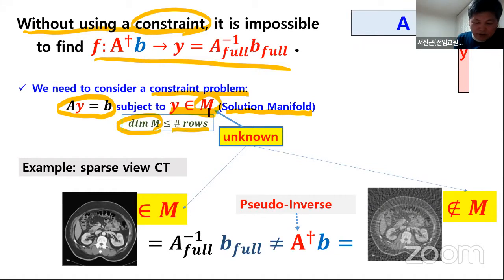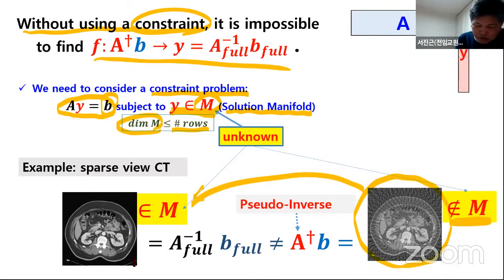In the example of sparse view CT, if you directly do the pseudo inverse, you have this type of artifact image that is not on the solution manifold. You try to move to this one, which is the only one on the solution manifold. How can you find it? How can you find this constraint? That's the key issue.